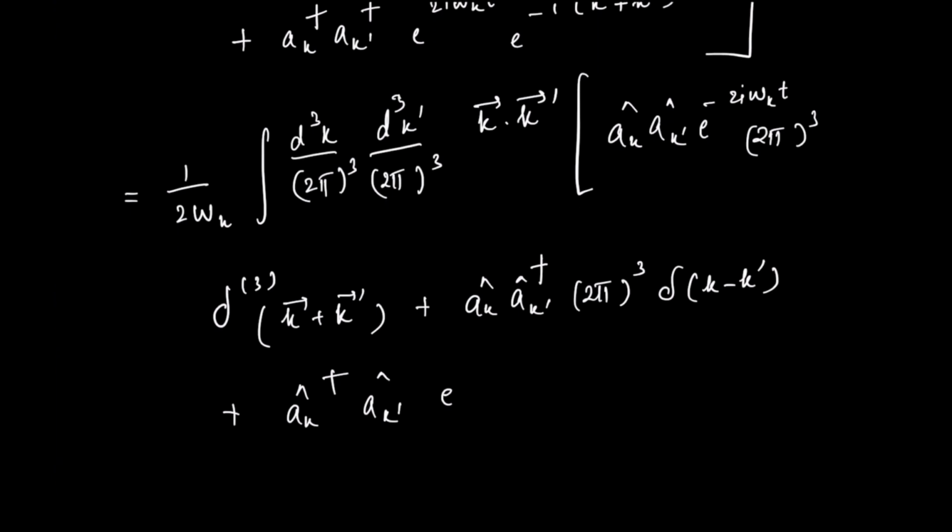Only the first and the last term will have the exponential terms. So a_k† a_k' (2π)³ delta of k minus k'.